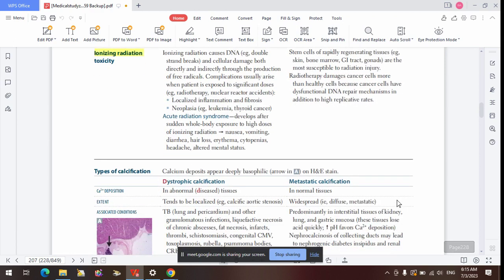We talked about ionizing radiation toxicity. We said ionizing radiation typically causes damage either directly or indirectly. So it causes it indirectly by generating free radicals, or it causes it directly by combining with molecules like DNA, proteins, and all those things.